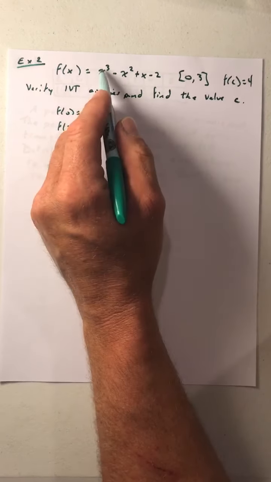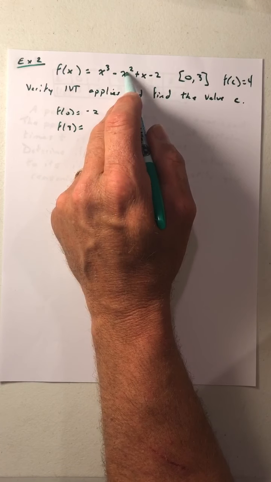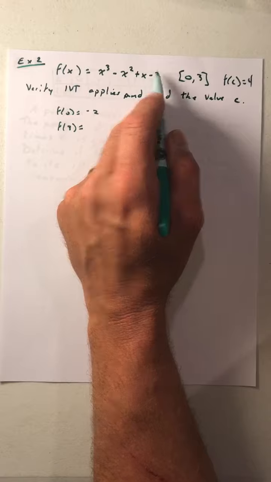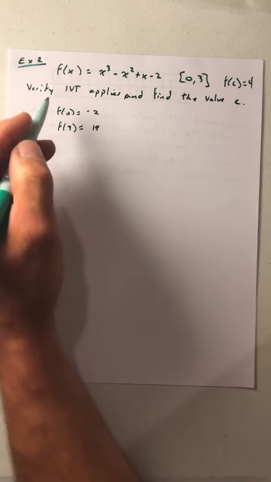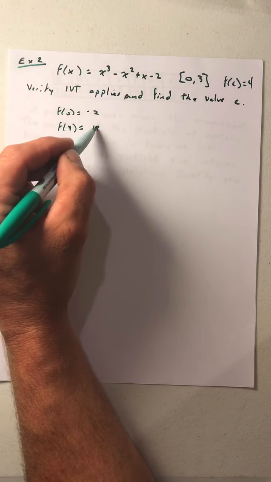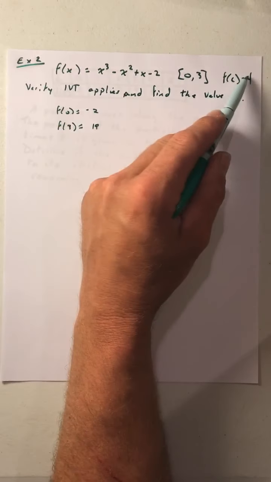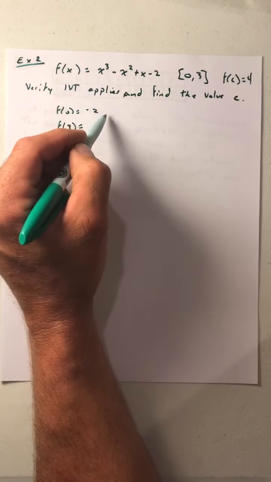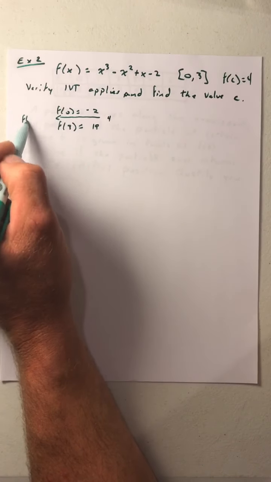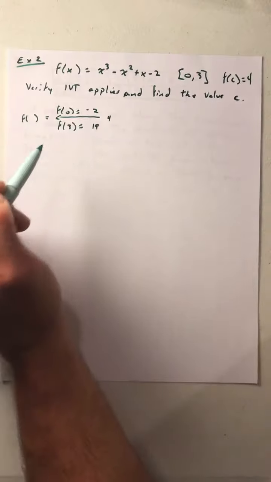F of 3, here I get 27 minus 9, 18, plus 3 is 21, minus 2 gives me 19. So since f of 0 equals -2 and f of 3 equals 19, and I know that 4 is somewhere in between there, I know there has to be an f of something to give me a 4.